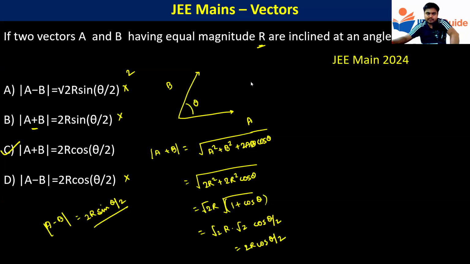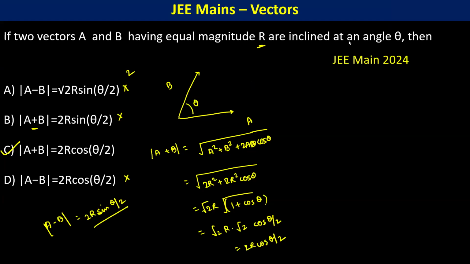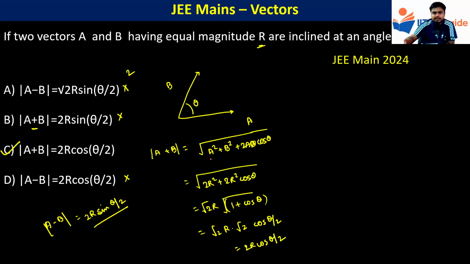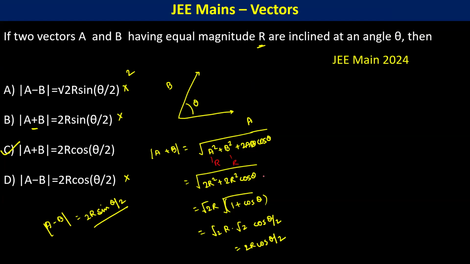Gauri, is it clear? If they're having equal magnitude r, so why did we take 2r square? So if A is like a plus b? Okay. Yeah, A is R, B is R. That's why.